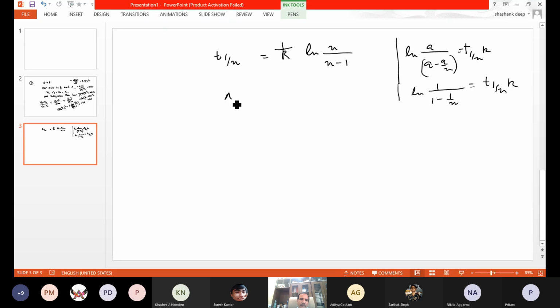Okay, and then you can simply write, let us think. At first you have started with a naught. So initially you have a naught. After t at 1 by n, what will you get? The concentration of A at t equal to 1 by n will be a naught (1 minus 1 by n).